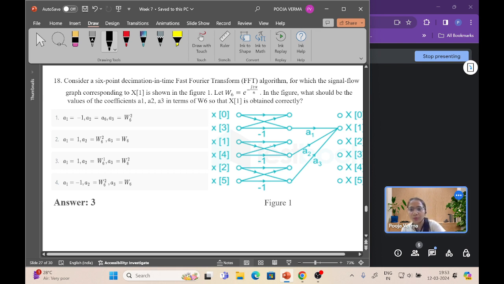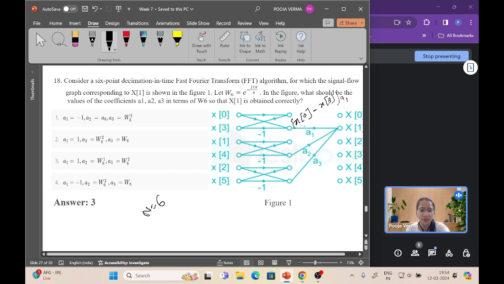Here it is given the 6 point DIT DFT, so N is equal to 6. So it is a DIT algorithm, so the input is in the bit reversal order, right? And already we have seen the butterfly diagram. This is the addition of these two numbers in the first stage. Only two stages are there, 1 and 2. So what we will get at a1: x(0) minus x(3), and then multiplied by a1.